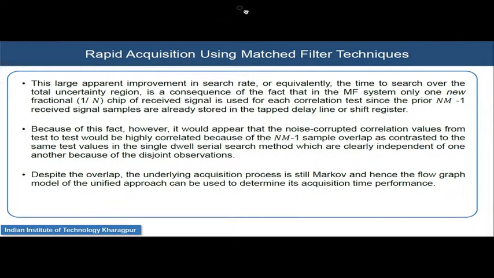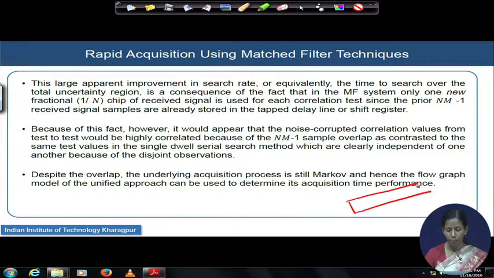So if it is N into capital M number of chips, the shift register you have seen on top in the shift register based architecture has a storage capacity of capital N into capital M subchips. Not every single bit is changing at every instant with every clock pulse; the remaining capital N into M minus 1 chips remain as they are, like the earlier circle. Only one chip at every moment enters as a new chip inside the shift register.